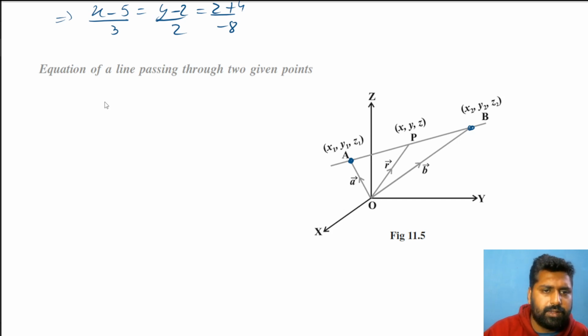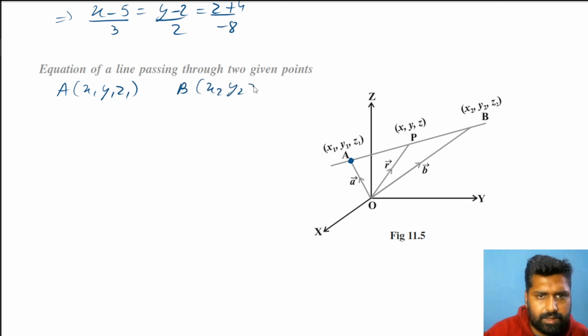Okay. So one passing point A is x1, y1, z1. B point is x2, y2, z2. Again, if I ask you what is the direction of the line, now this was already discussed in direction cosine.